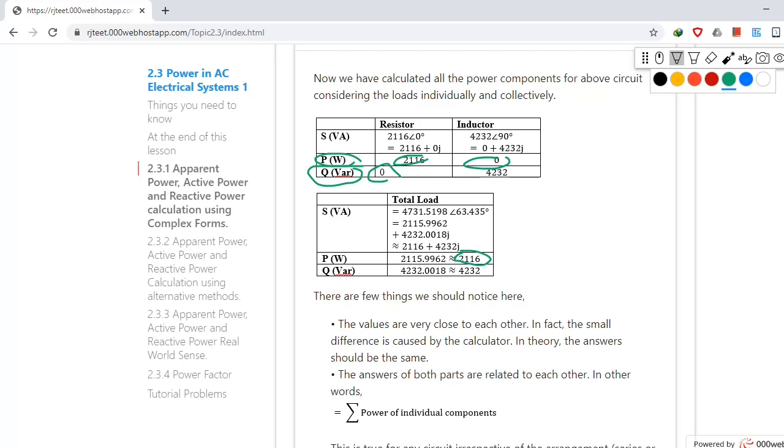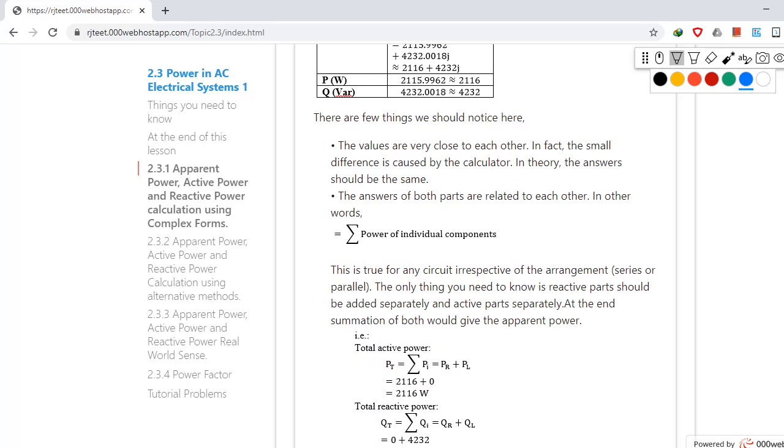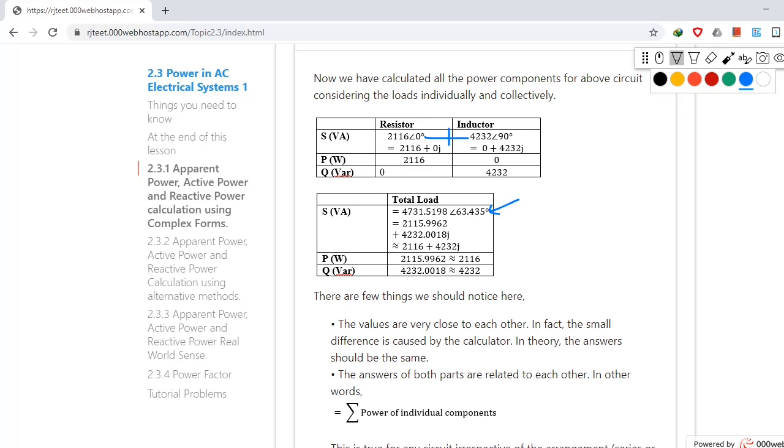But for apparent power, you need to use the complex form. You cannot simply add these magnitude values and get the magnitude. Instead, you have to use complex number theory and add these two values as complex numbers, and then you can get the apparent power, right? And there is another thing you could do.